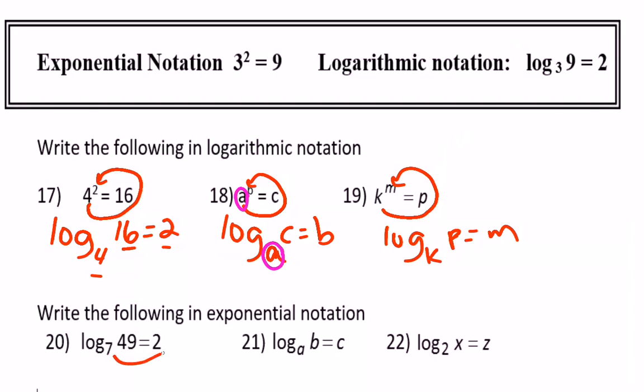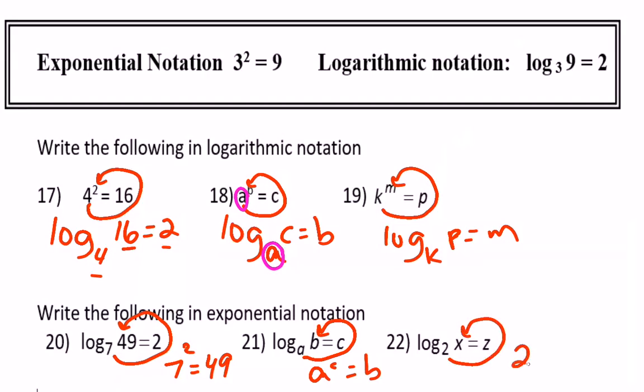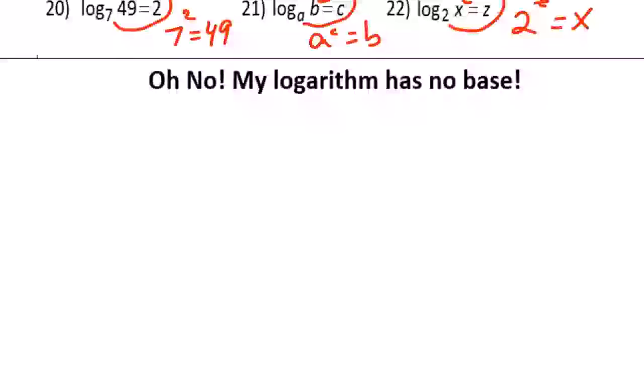Okay, so this one, as I don't get killed, hopefully, by the math police, is 7 squared equals 49. Swirl. a to the c equals b. Loop-de-loo. 2 to the z equals x.